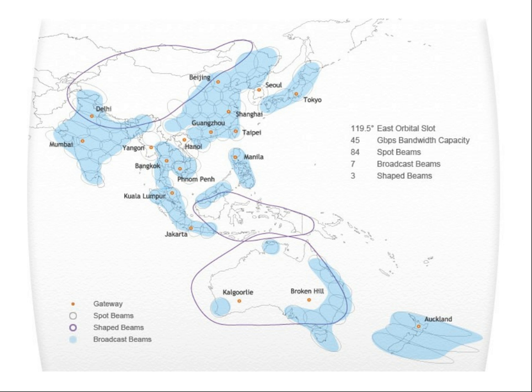This satellite is configured such that it has three shaped beams. That is, it transmits down to the Earth, covering three different areas which it can control. And you see them here. Here's Australia, here's part of Southeast Asia, Indonesia, and here is China. So it's got coverage of those areas with those three shaped beams. Then there are 84 spot beams.